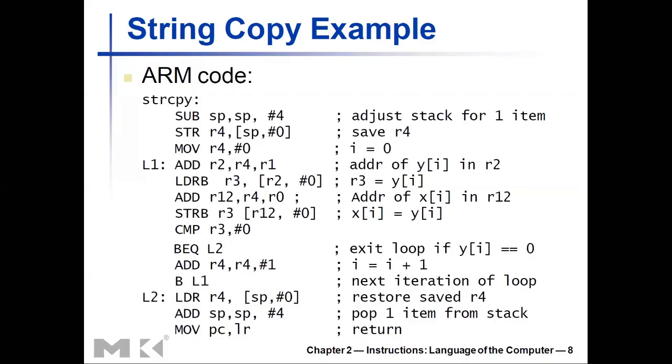At the next iteration, I is going to be incremented by 1 if we have not come across the null terminating character yet. We are going to go ahead and come to the second iteration where we have I equal to 1. So R1 now is again 0 because the base address of Y does not change. So R1 is 0 and I is 1. So you do this addition and R2 is going to contain 0 plus 1, that is 1.